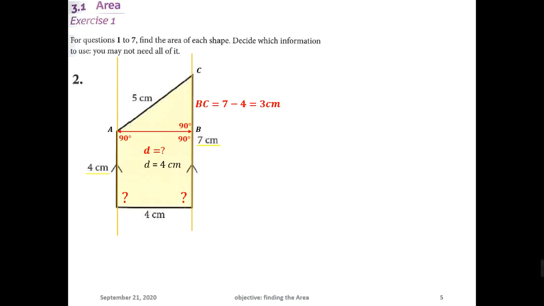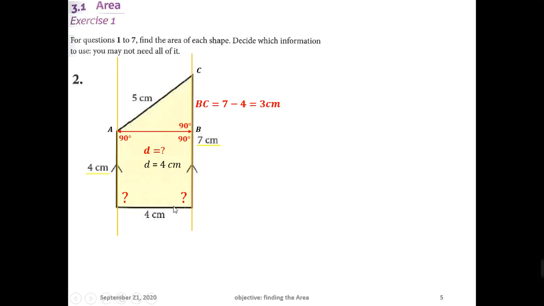Now, so that's what we found so far. Again, we have right angle triangle ABC. We found BC, which is 3. We found D here, which is 4, and the 5 centimeter, which is the hypotenuse, is actually given to us.